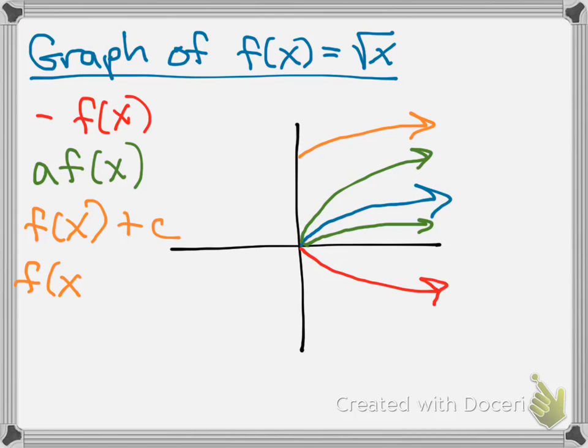Remember, that affects the x coordinates only, so maybe it looks like that. And in that case, if we're only shifting from left to right, our new function will look something like this. So these are all ideas that we've already talked about in relation to other types of functions, but we're just applying these same ideas of transforming functions to our square root function.